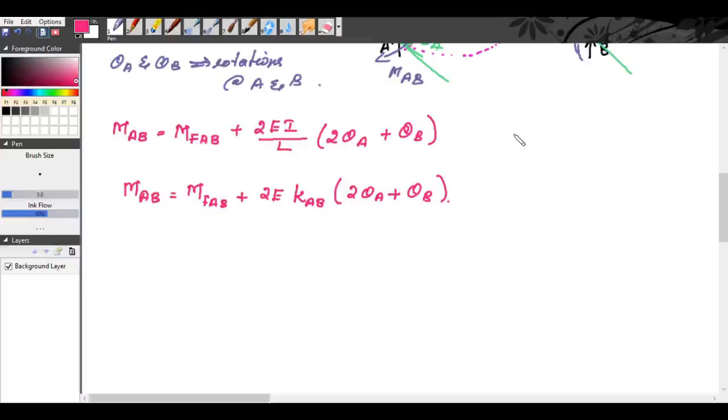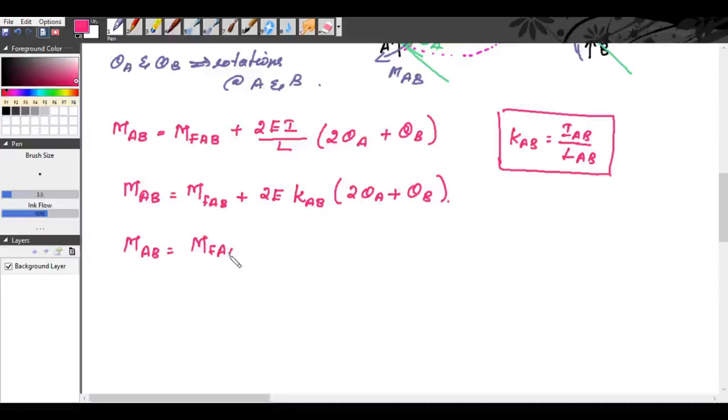So KAB is equal to IAB by L, the length of the span AB. Okay, so I by L is replaced by KAB. So MAB is equal to MFAB plus 4EKAB into theta A plus 2EKAB into theta B.